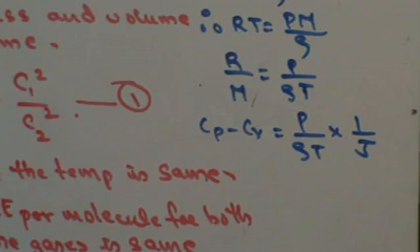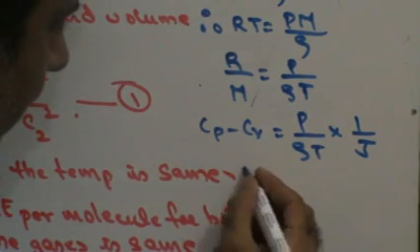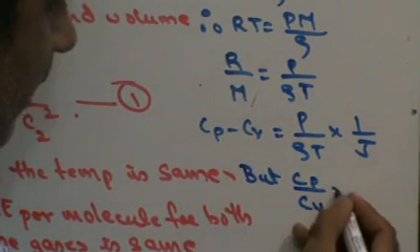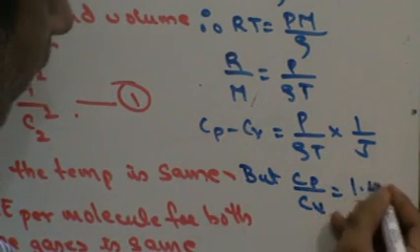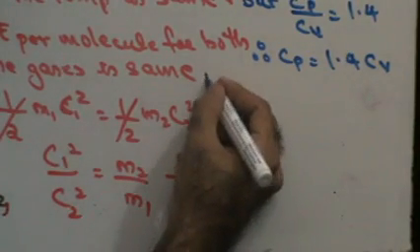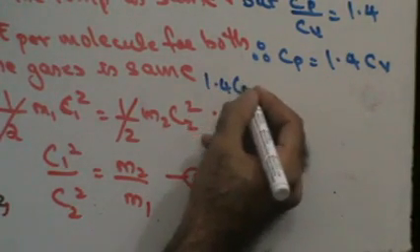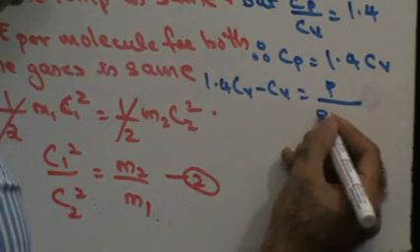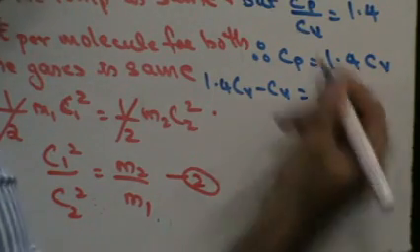Now Cp upon Cv is given to you as 1.4. Therefore, I can say that Cp is 1.4 Cv. I can substitute this value, in which case I'll get 1.4 Cv minus Cv is P upon rho Tj.